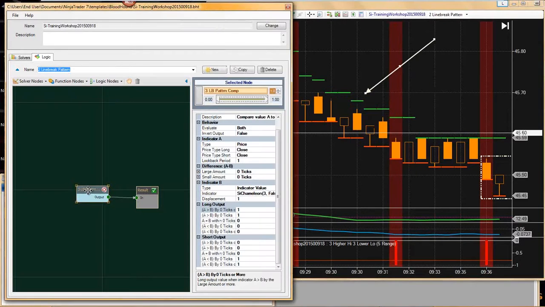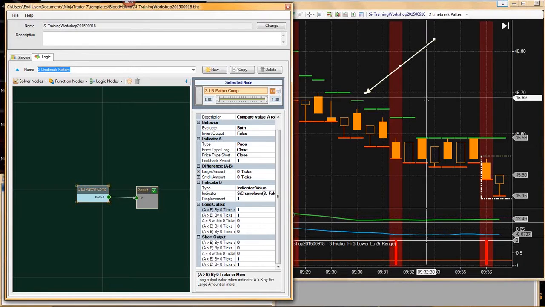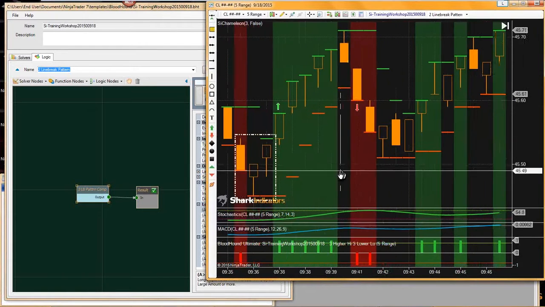All right, so that's that one, and Gunter also has a slight alteration to the same question here. Gunter's also asking regarding the 3 higher highs and lower lows. He's looking for a 5% move. Let me clarify here.